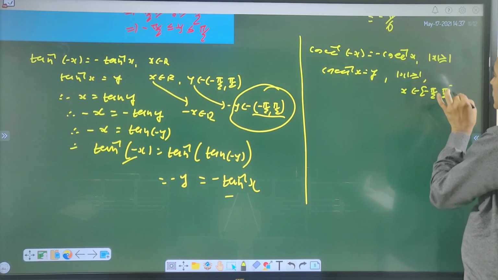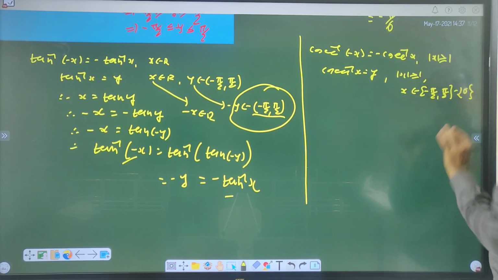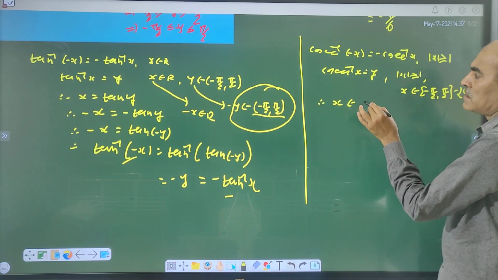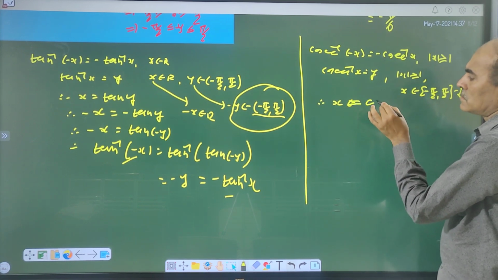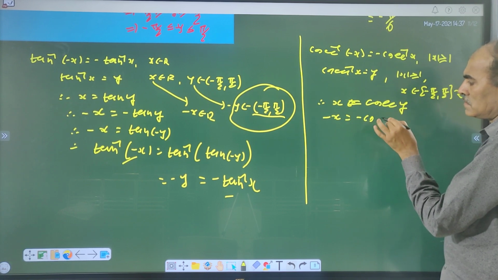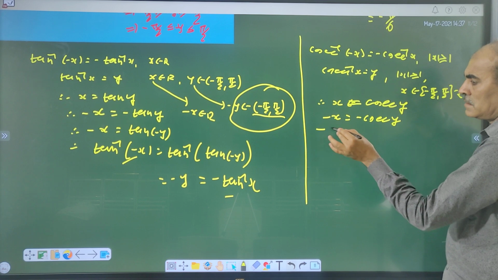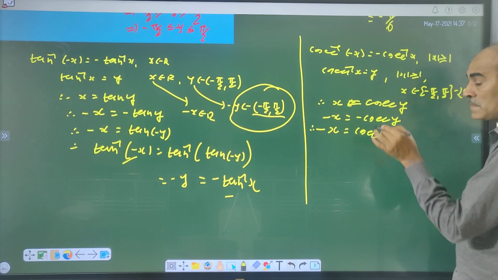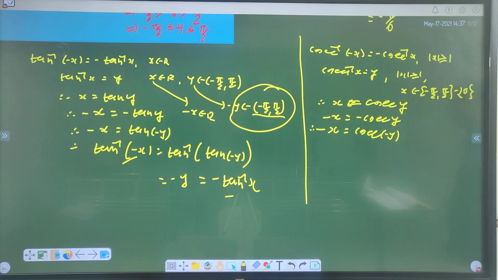Minus pi by 2 to pi by 2 except 0. So what we get? x is equal to cosec y. So minus x is equal to minus cosec y, and therefore minus x is equal to cosec minus y, because cosec is an odd function.